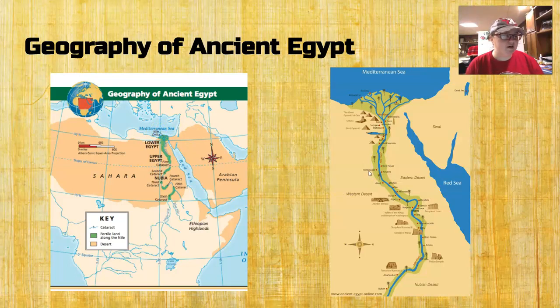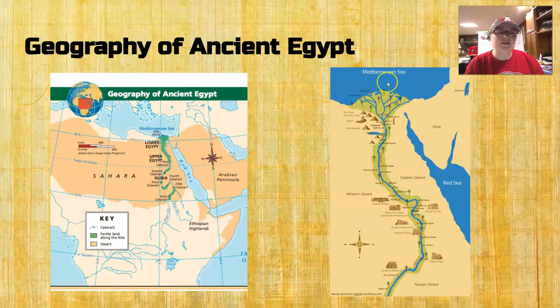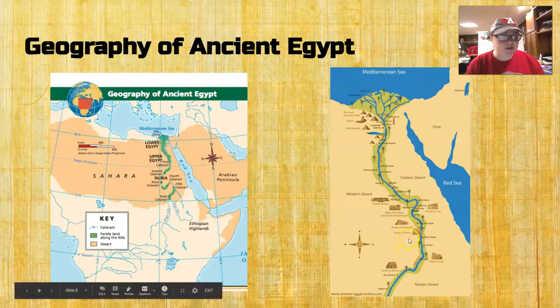Here's another picture of that, a little bit more zoomed into where we are. What's kind of odd about this, and I don't talk about it a whole lot, is that the part up here towards the top was called Lower Egypt, and up here was referred to as Upper Egypt. That's because the start of the river is up here, and this is the end of the river, so this would be Lower Egypt, and this would be Upper Egypt.